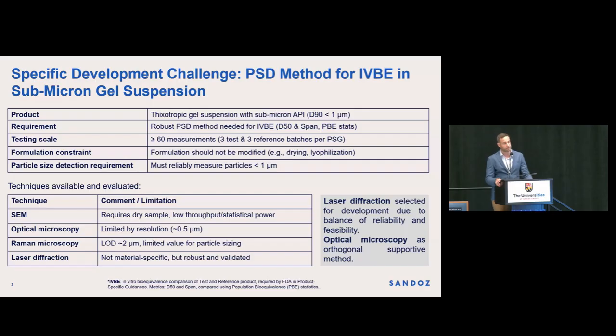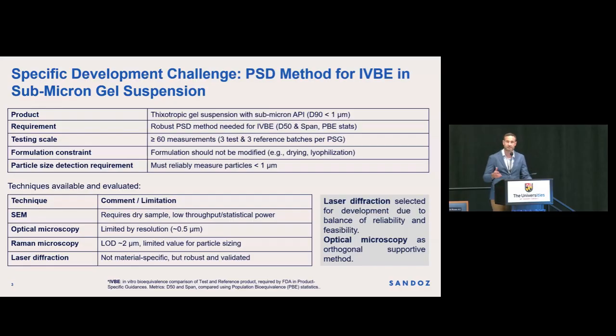What's important for the formulation? It's a complex formulation. We don't want to alter the formulation, since this can also temper what we are measuring. So for the API, meaning a lot of sample preparation steps, we need to keep any manipulation at the lowest possible level. Also, the method must reliably measure particles below 1 micron.